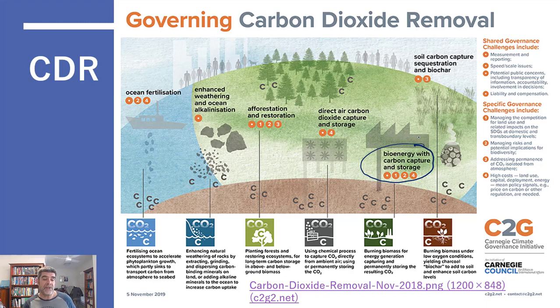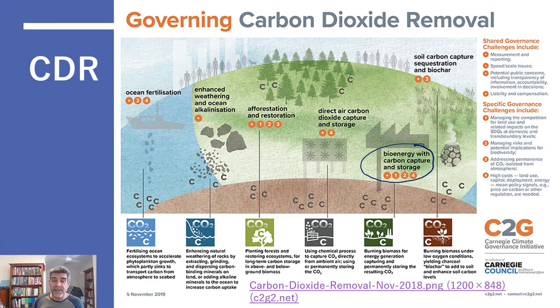Some of the other strategies that you can see here include ocean fertilization, enhanced weathering and ocean alkalinization. We've talked about ocean acidification, so alkalinization is the reverse of that. So trying to raise the pH of the oceans rather than watching them fall as a result of acidification.